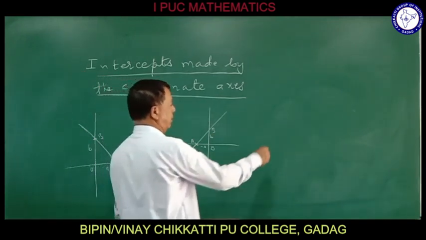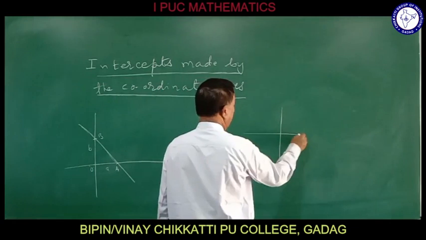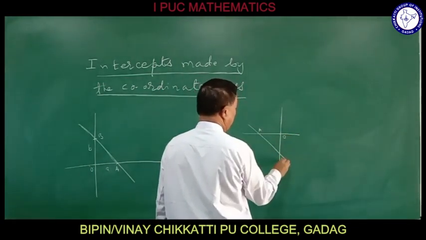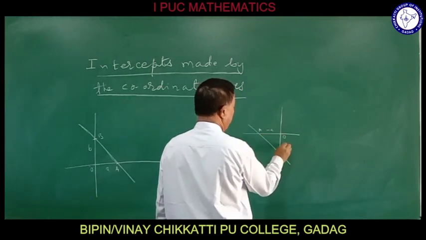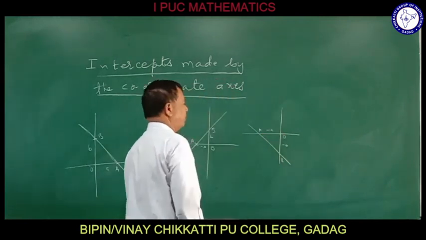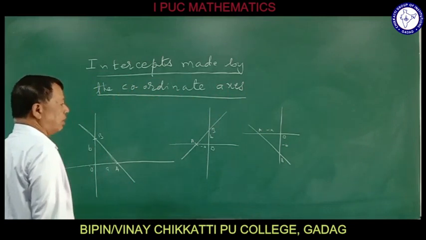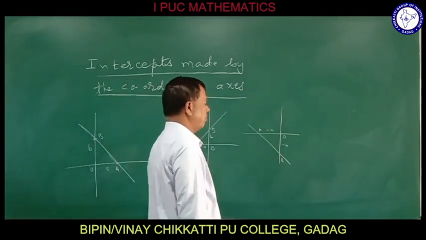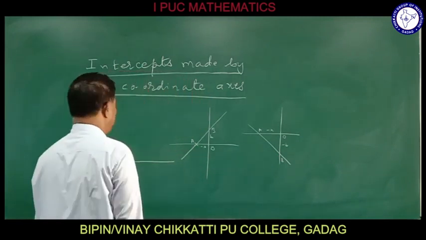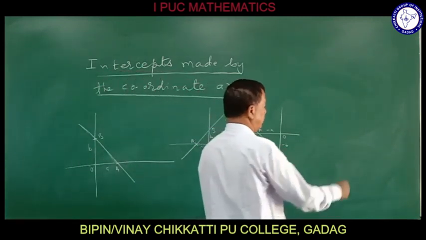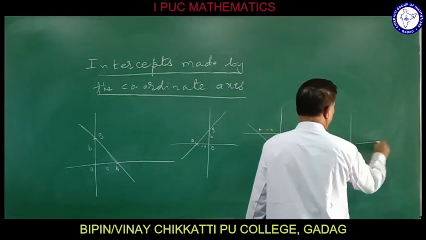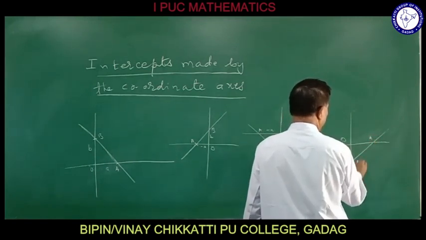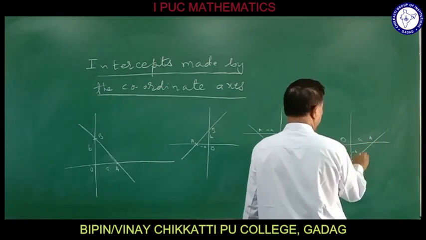In the next diagram you can see this is O, A, B. This is minus A, this is minus B. So OA is the x-intercept, which is negative, and OB is the y-intercept, which is also negative. Now finally, O, A, B: this is positive and this is negative.